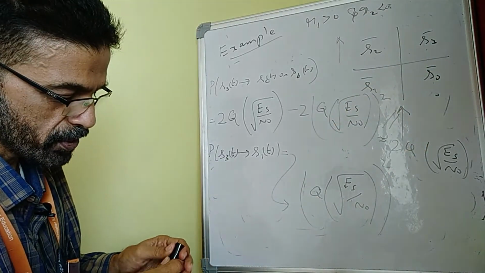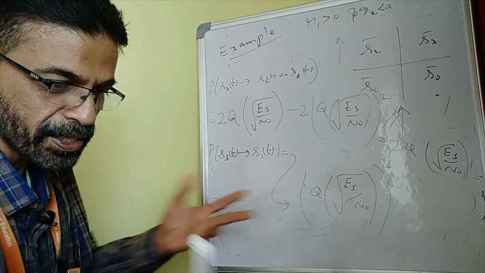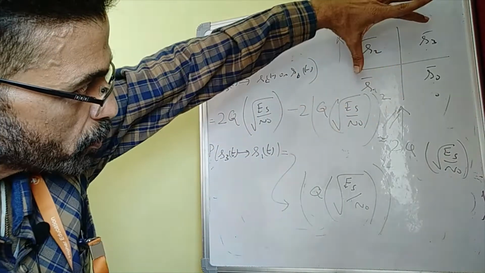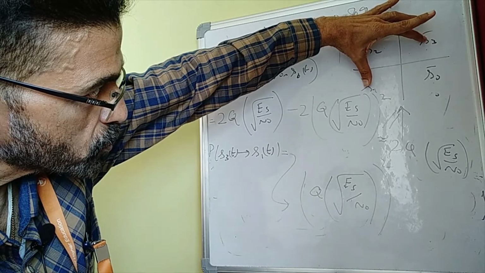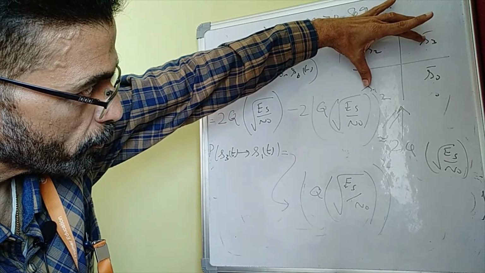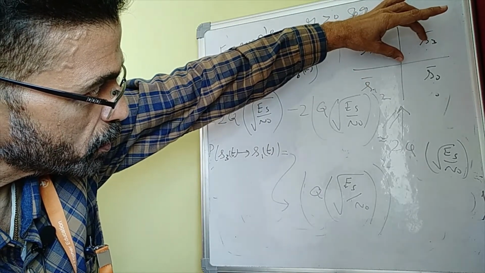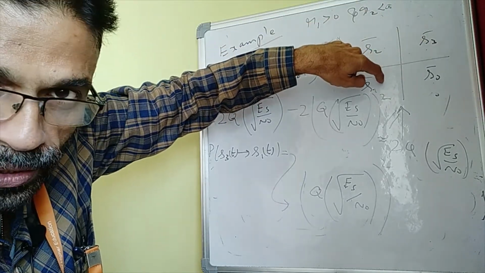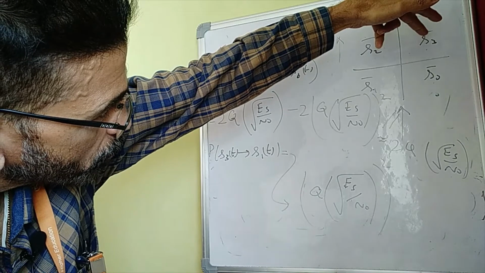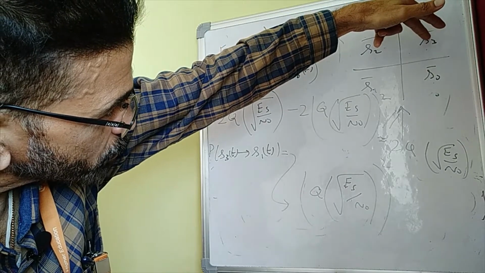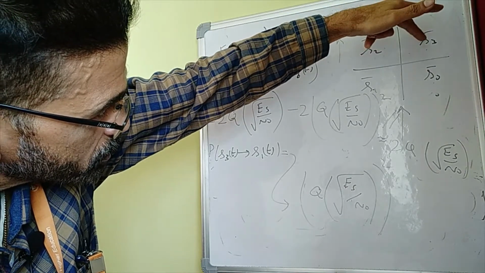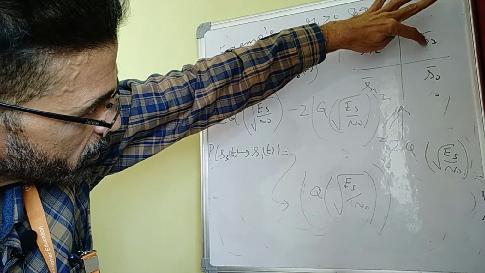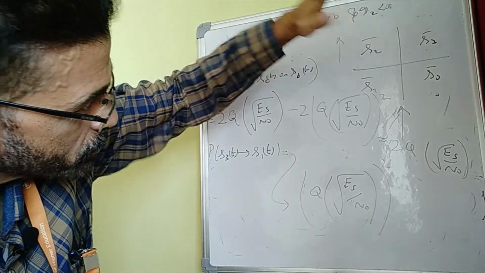And it can also be intuitively felt from the signal space, because this distance is more. You are going to declare the signal as S1(t) whenever you land in this quadrant. So from the signal point S3(t), you can see that this quadrant is farther than these two quadrants.